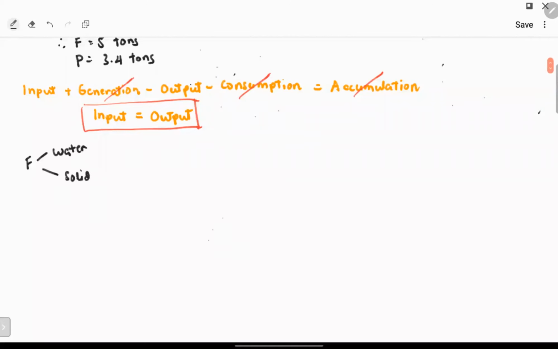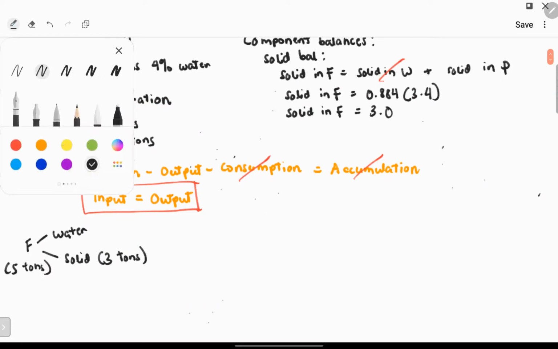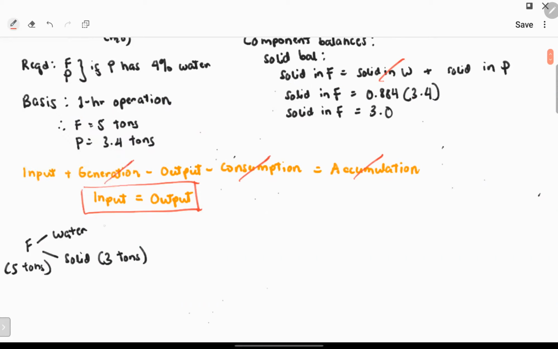But for solid, we already computed that it is 3 tons, right? So therefore, by subtraction, because F is 5 tons, we can compute that water is 2 tons. Okay, you can put it mathematically if you want in the form of an equation. So water in F is 2 tons.